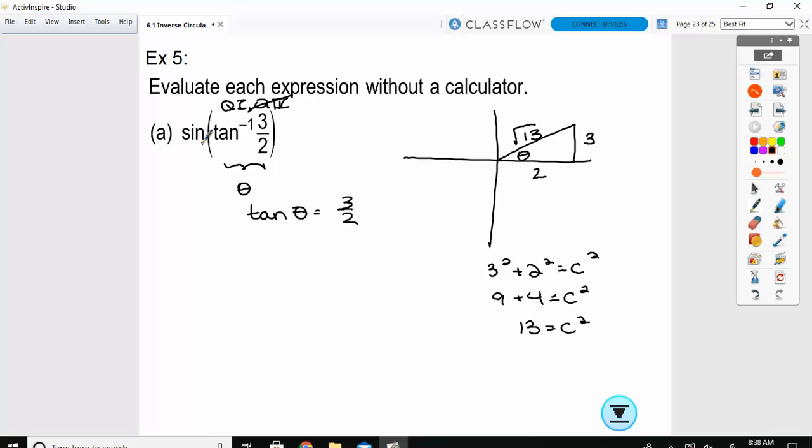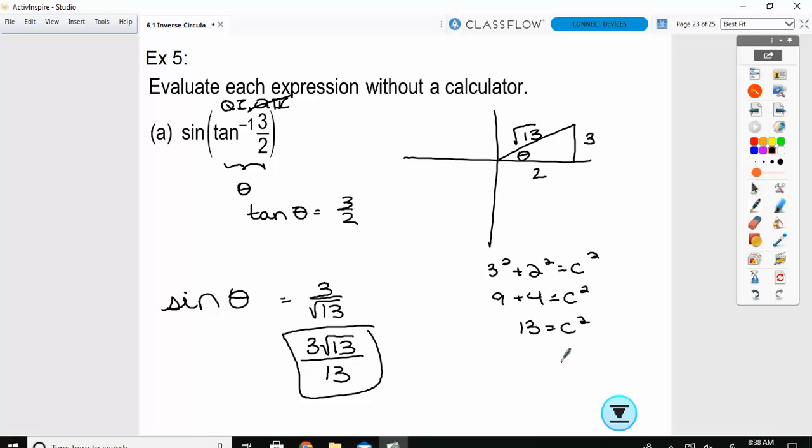So now, we never actually found this angle, but we know that inside piece represents an angle. So all I have to really do is find sine of that angle. Can I use my triangle to find sine? Opposite. So that's 3 over the square root of 13, or 3 radical 13 over 13.